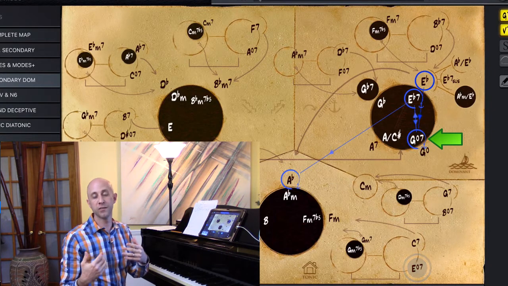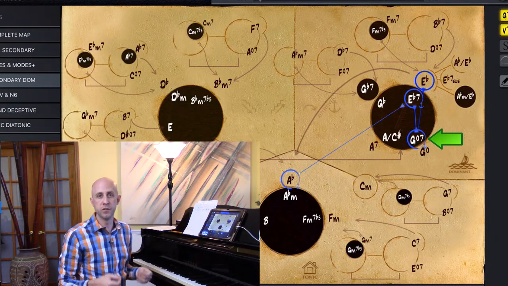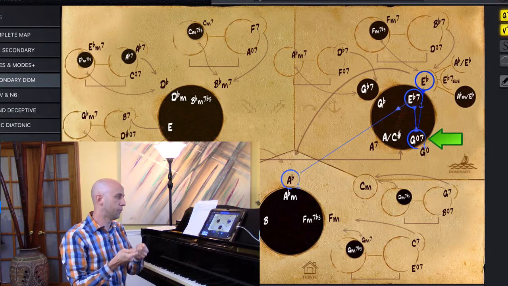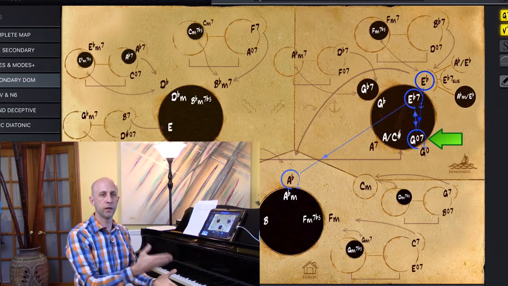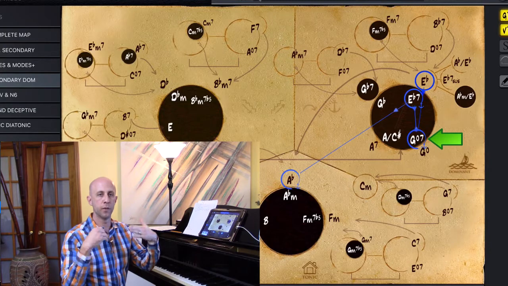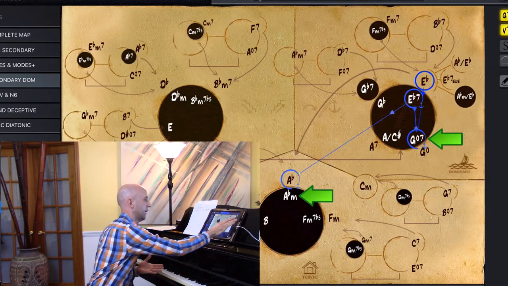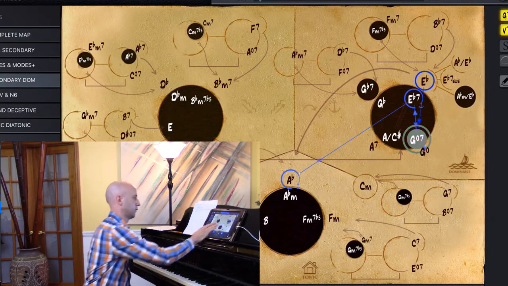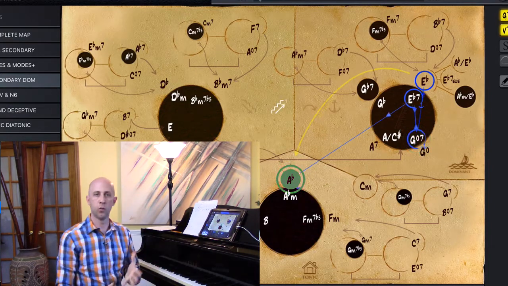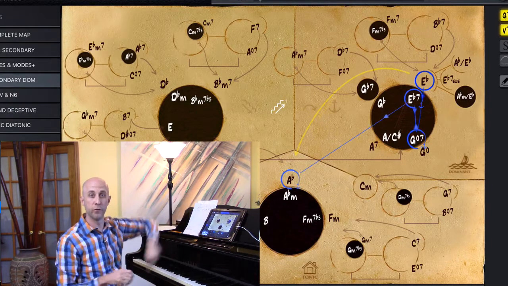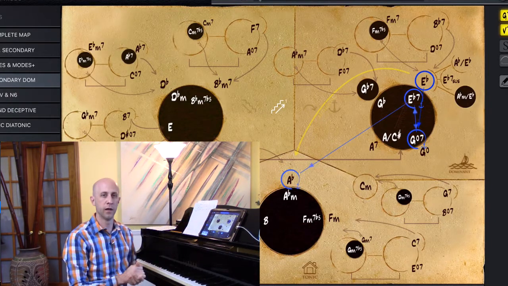So when we asked the question earlier, where did G diminished 7 come from? One of the easiest ways to answer that is that we borrowed from our current key, A flat. We borrowed from A flat's parallel minor. We borrowed from A flat minor to get G diminished 7. And it kind of wants to go there to get that tension release, once again going from the dominant region of our map down to the tonic region.